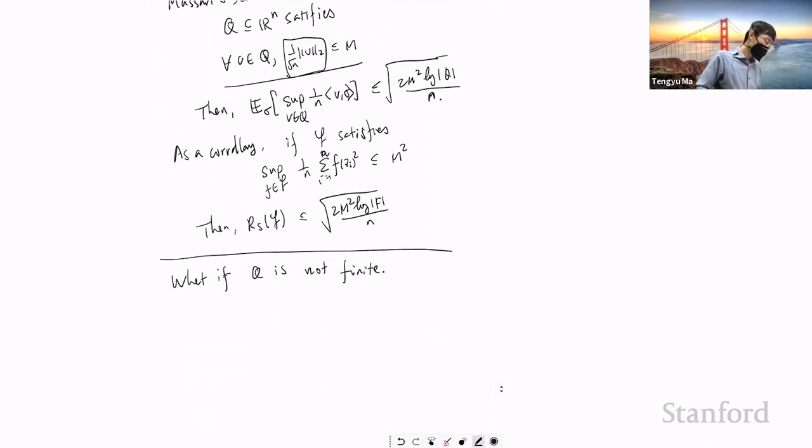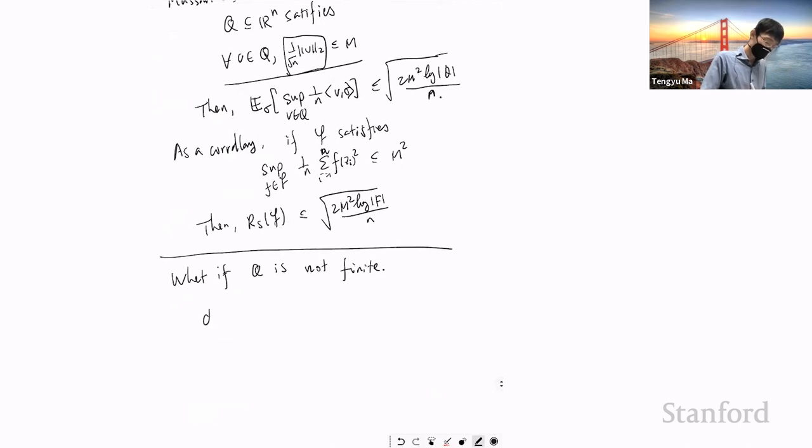Our answer would be that you do some discretization plus union bound. So you have some epsilon cover, and then you have a union bound. Or maybe I should say I use discretization to reduce to the finite case. That's basically the idea. And you probably have seen this idea before.